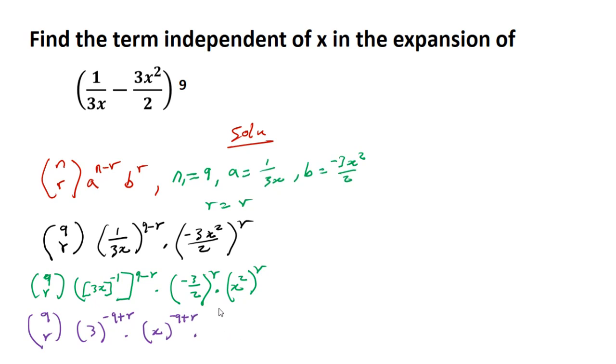And then you can simply get this one the way it is, which is negative 3 over 2 to the power r, and then you can say x squared to the power r, like that.